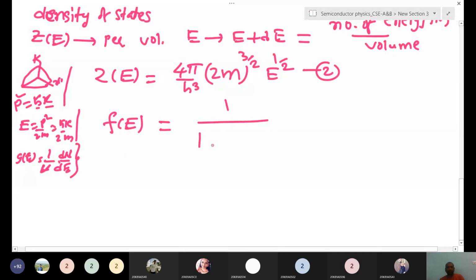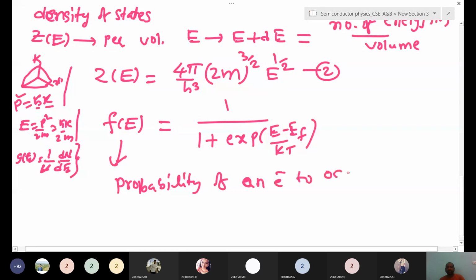What information does it give? It gives the probability of an electron occupying an energy state, that is, how many electrons are occupied in this state.